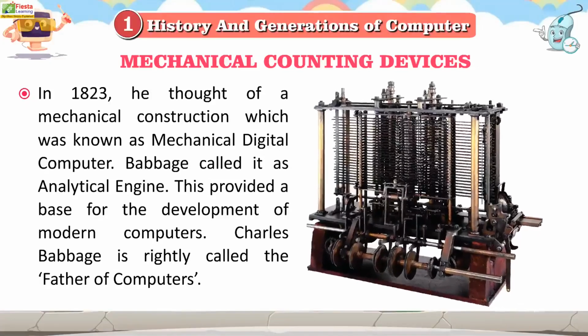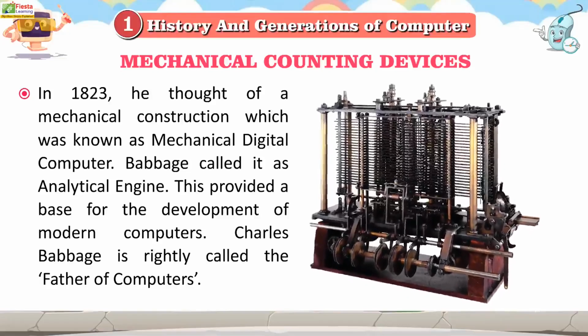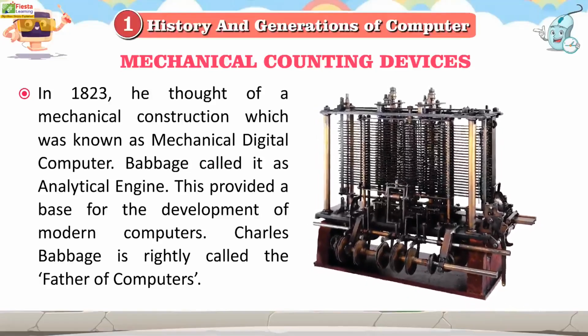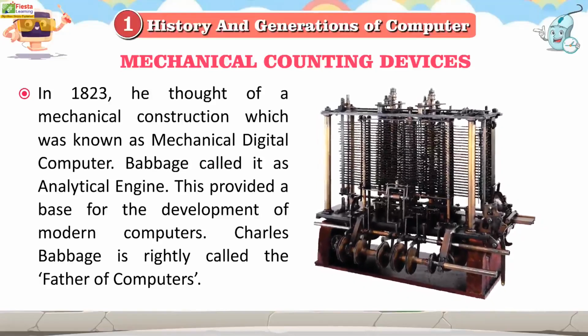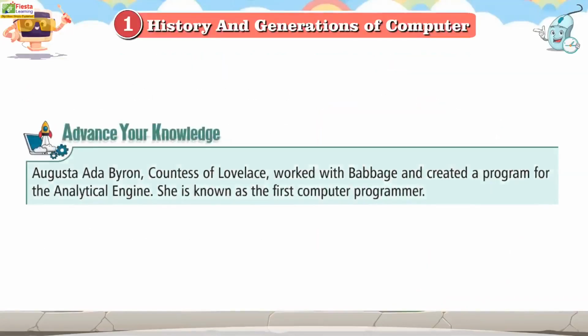This provided a base for the development of modern computers. Charles Babbage is rightly called the father of computers. Advance your knowledge. Augusta Ada Byron, Countess of Lovelace, worked with Babbage and created a program for the analytical engine. She is known as the first computer programmer.